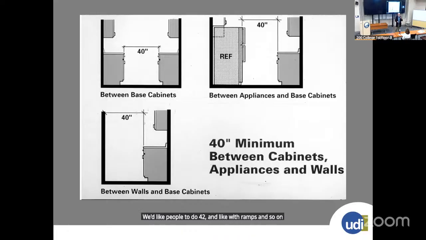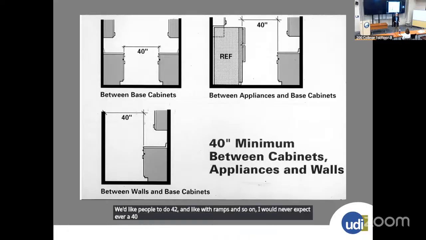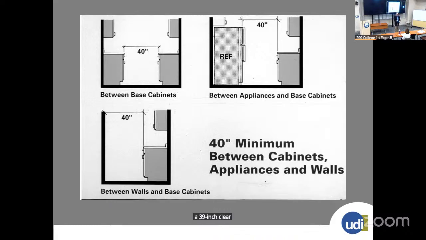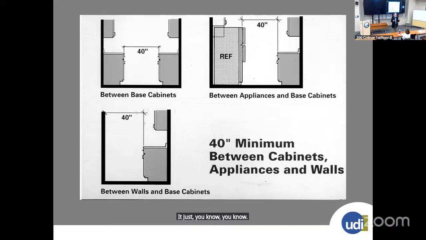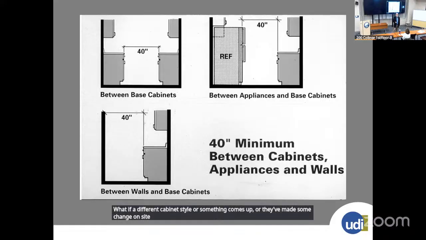I would never expect a 40-inch clearance between cabinet faces in any project, because we've walked around projects with 15 lawyers trailing behind us as we measure a 39-inch clearance and a 38-inch clearance, and it's just not worth it. Don't go below 42, because what if a different cabinet style comes up, or they made some change on site? You don't want to risk it.